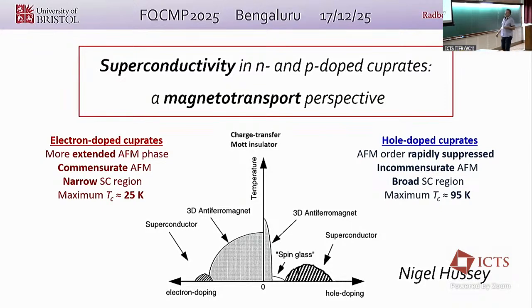I'm just thinking about single layer materials, because obviously when you put double or triple layers, you also can boost the superconductivity. But maximum Tc on the hole doped side is just below 100 Kelvin. So there's a very big distinct difference between those, and one of the key questions in the field is what is driving that difference.